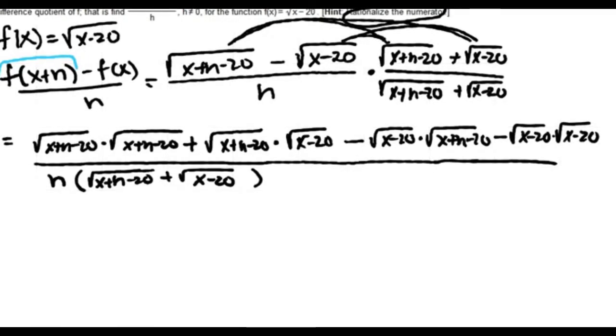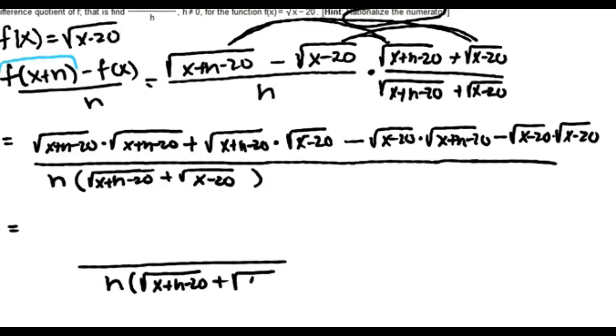So that's what we get when we multiply it out. We're going to simplify some more. We're going to still leave that denominator in factored form, so we're going to leave that as h times square root of x plus h minus 20 plus square root of x minus 20.